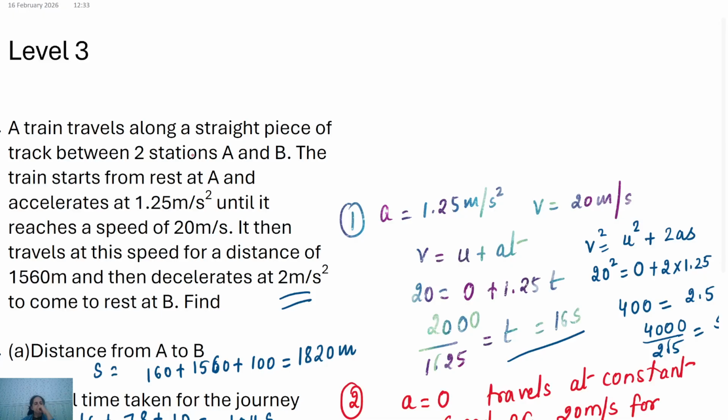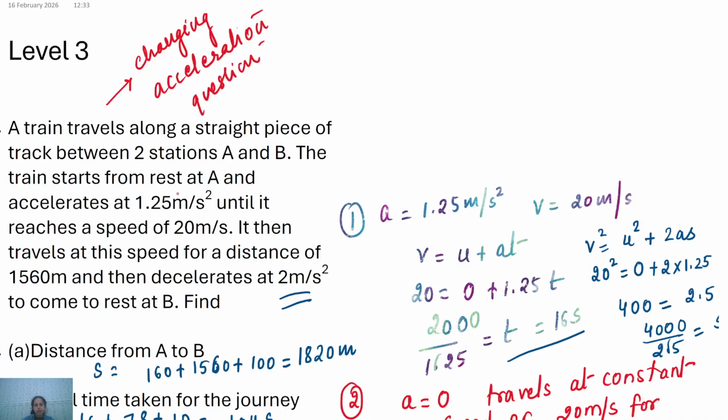A train travels along a straight piece of track between two stations A and B. So what I'm going to draw here is what is changing throughout. My acceleration is changing, my speed is changing. For the first leg of its journey, the acceleration is 1.25.